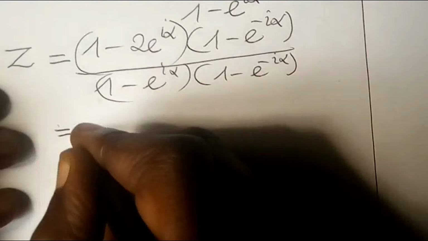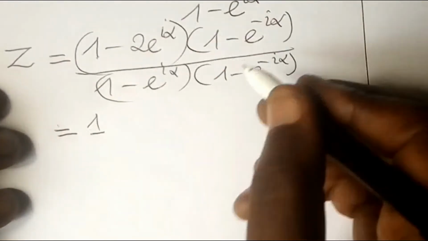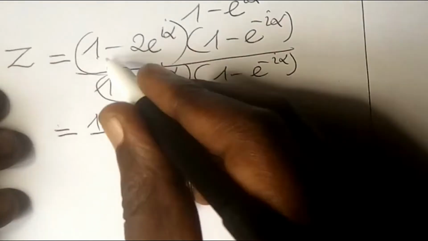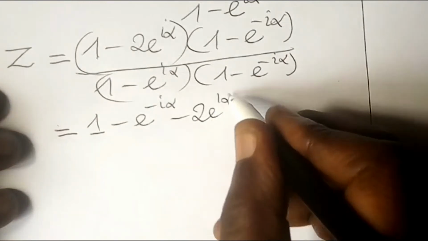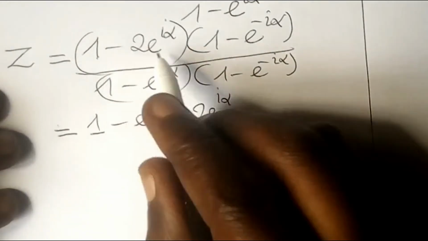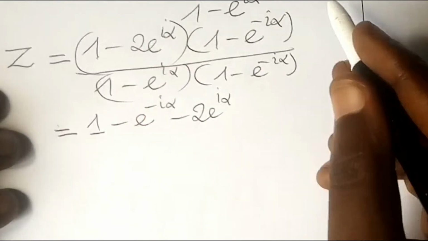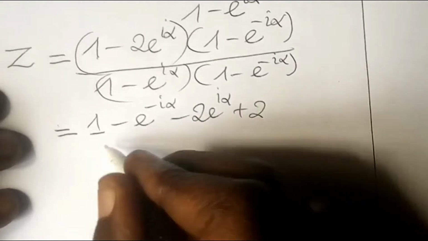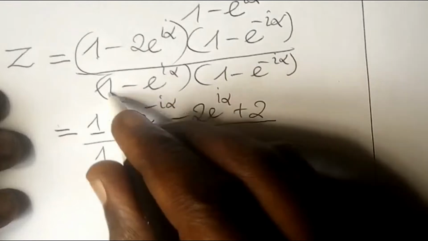This would be equal to 1 times 1 is 1, 1 times that is negative e to the negative i alpha, negative 2 times 1 is negative 2 e to the i alpha, and negative 2 e to the i alpha times negative e to the negative i alpha gives positive 2, all over 1 times 1 is 1.